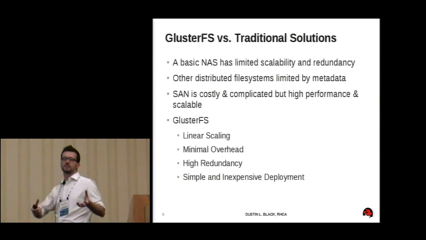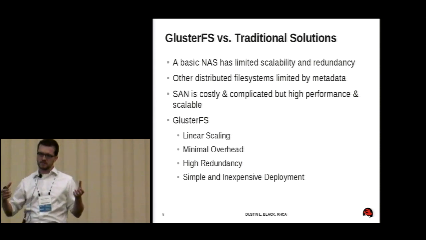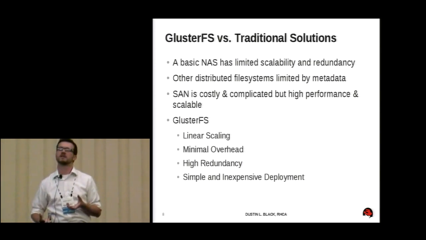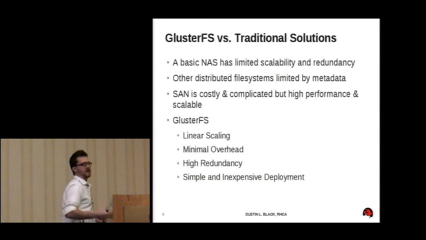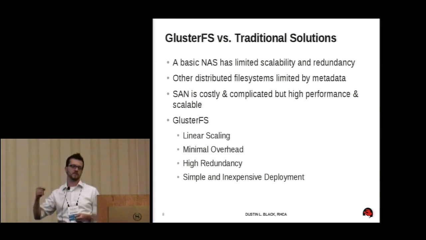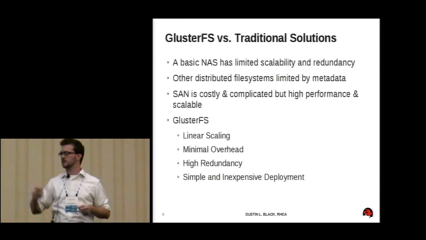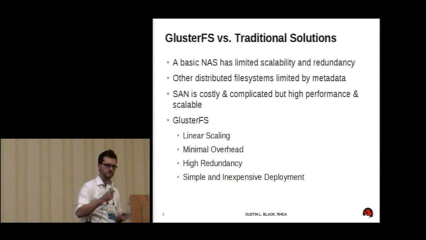We need something that has NAS performance and NAS simplicity, but we need to be able to scale like we can in a SAN environment. So what we're able to do with Gluster, with commodity hardware, is get it into a linear scaling fashion and do this with little overhead, high redundancy, and make it as simple and inexpensive to deploy as possible.